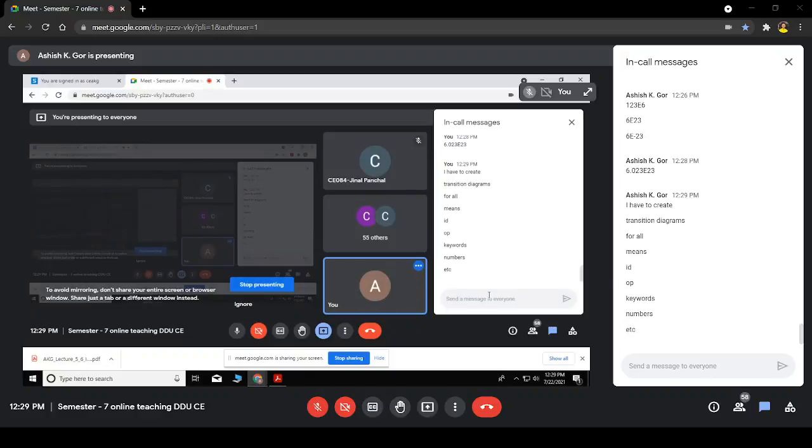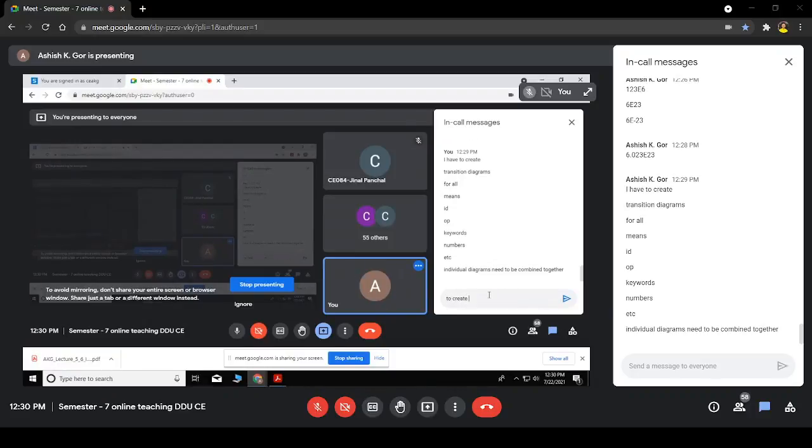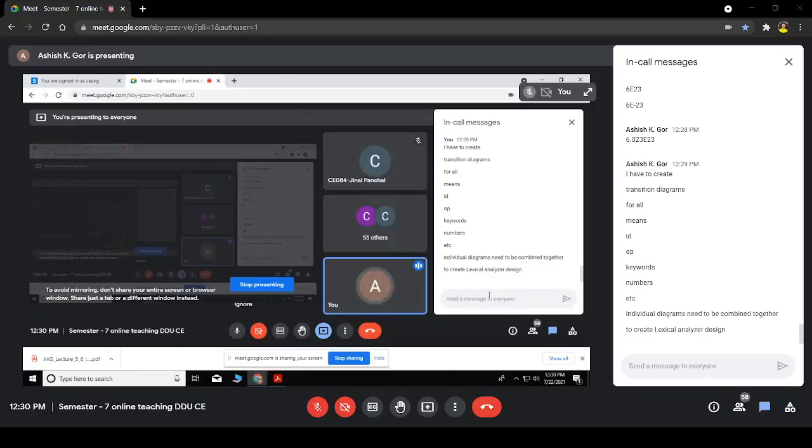And those individual diagrams I have created need to be combined together to create a full lexical analyzer design. Definitely, this is just a design, and after it is designed, it has to be implemented appropriately with switch cases and such. Let me give you a simple example of it.